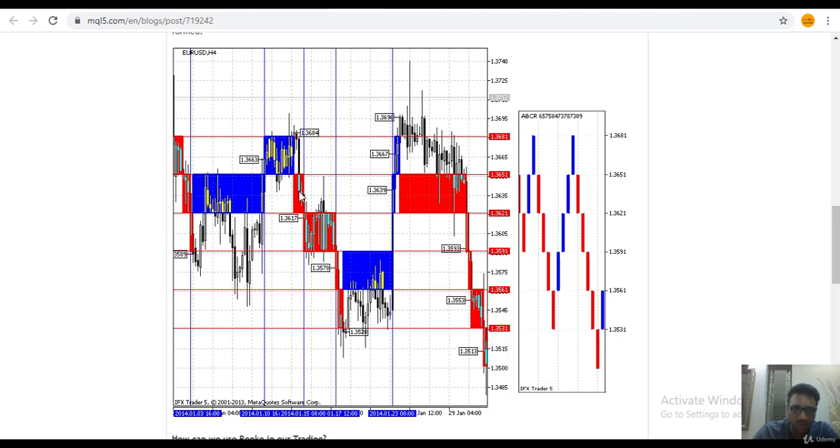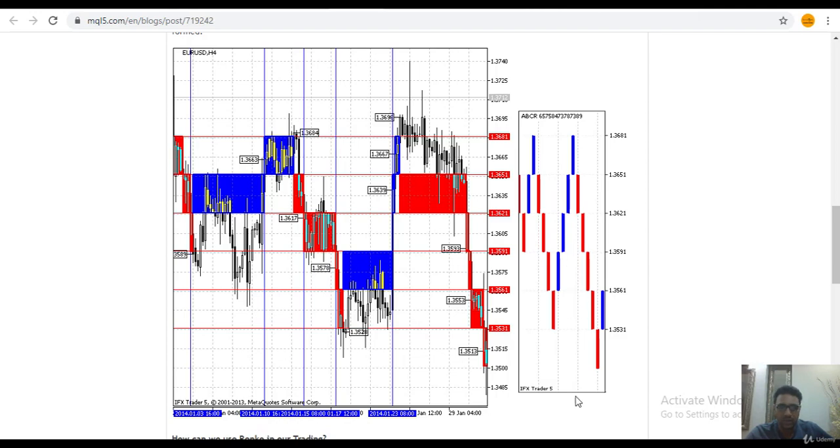When it moves down, a new red brick is formed, and when it moves further down, a new red brick is formed. Also, you need to see this in this blog. I haven't covered the wick area. The wicks are very important for the Renko formation as well.